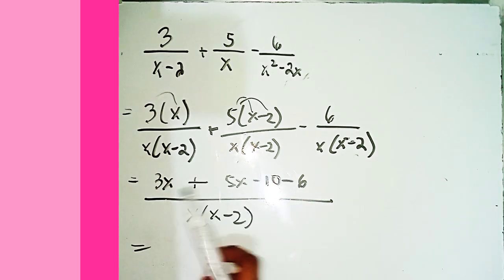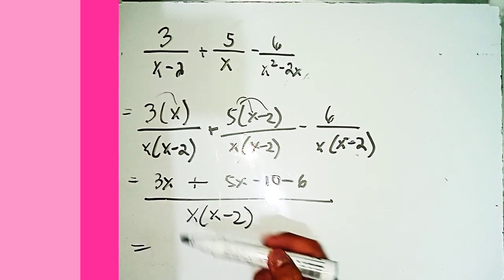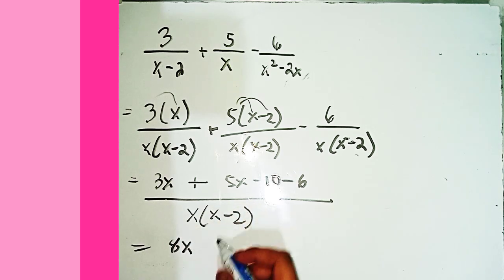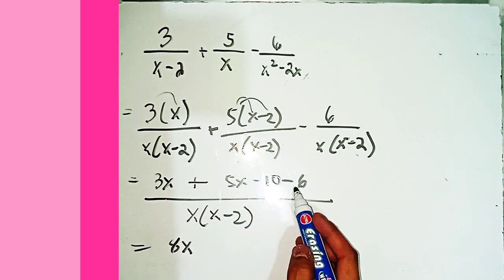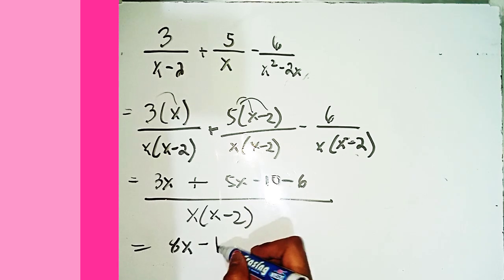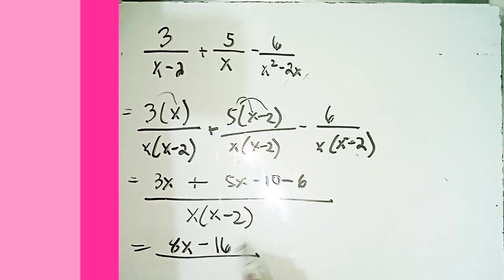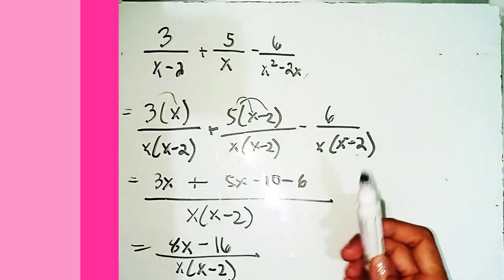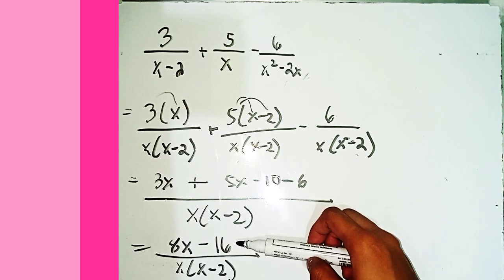So we can rewrite the fraction already with the same denominator. Now let's combine like terms. 3x plus 5x, that would be 8x, and negative 10 minus 6, that would be negative 16, all over x minus 2. Okay. So we can still factor 8x minus 16.